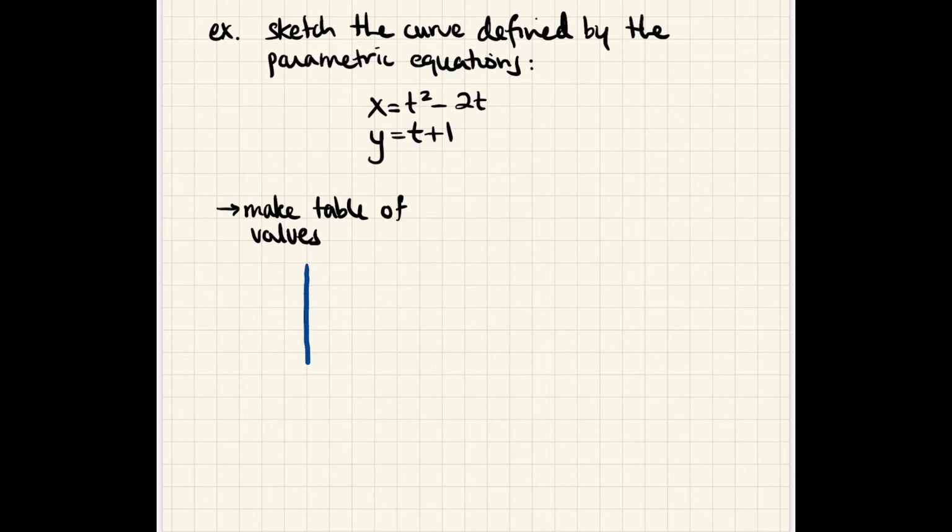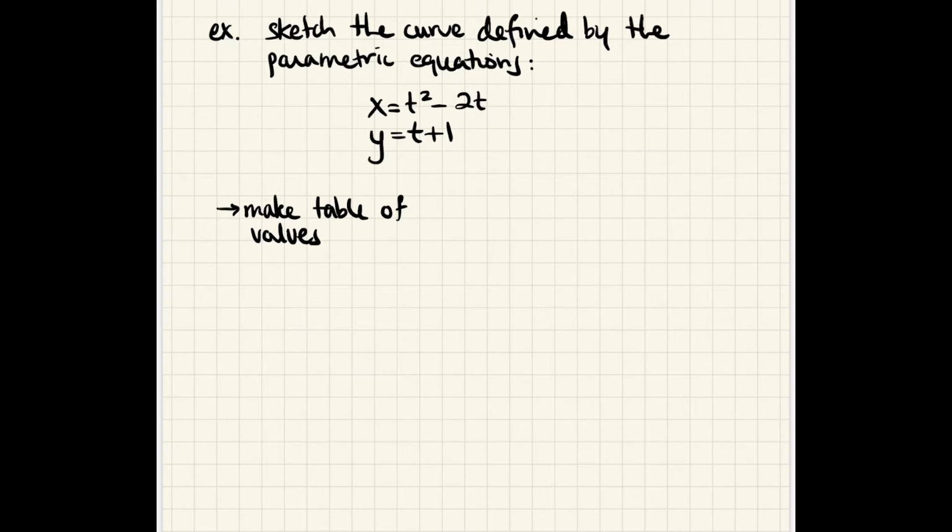Normally, a table of values has you choosing various x values and then calculating corresponding y values. Here, the independent variable is the parameter t, and both x and y are dependent variables.